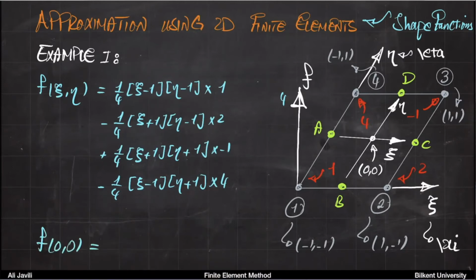At 0, 0, so if this is 0, this is 0, from the first one you would get minus 1 times minus 1, that's 1, times 1, so you get 1 over 4. Good. Then from the second one, you get minus 1 altogether times minus 1 over 4, so 1 over 4 times 2, that is 2 over 4.